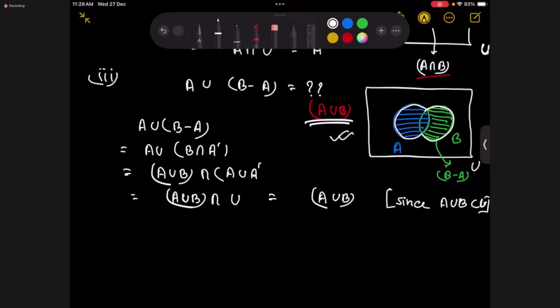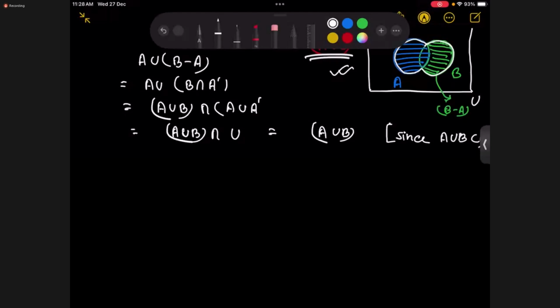Okay. Now, the next statement is: what about A union (A intersection B)? Just use the distribution law. What will be the distribution law?